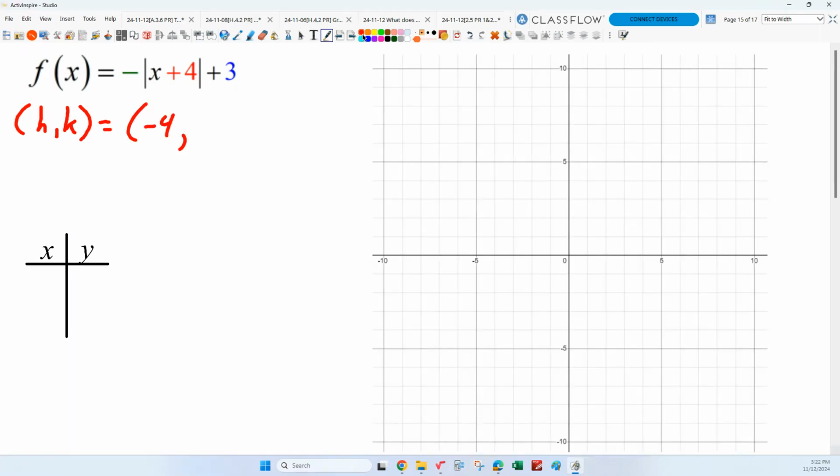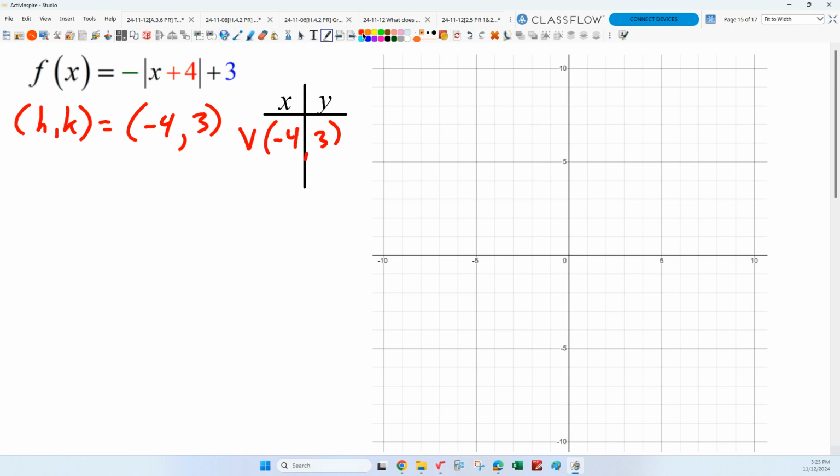And what's k? 3. There you go. All right, so there's one point already that we have, the vertex. It has coordinates negative 4, 3. So negative 4, positive 3 is right there.